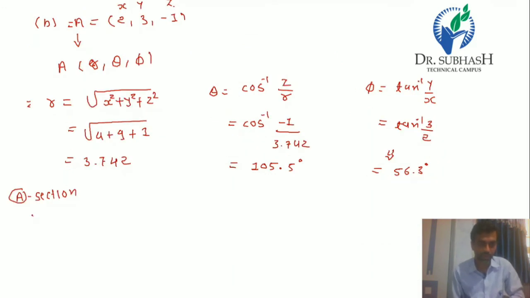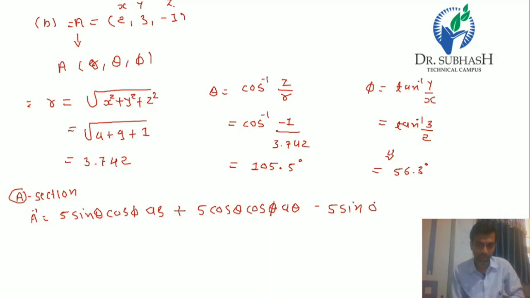So we get vector A is equal to phi sin theta cos phi in AR direction plus phi cos theta cos phi in A theta direction minus phi sin phi in A phi direction.